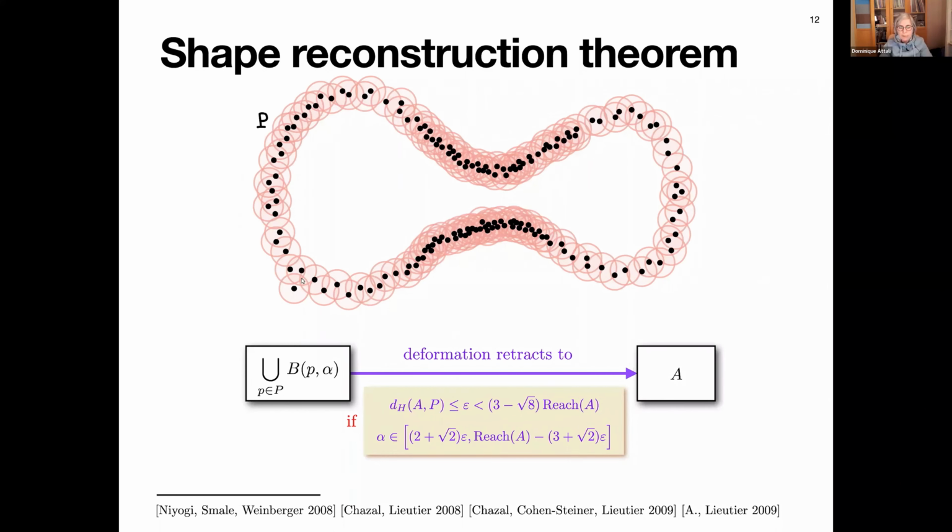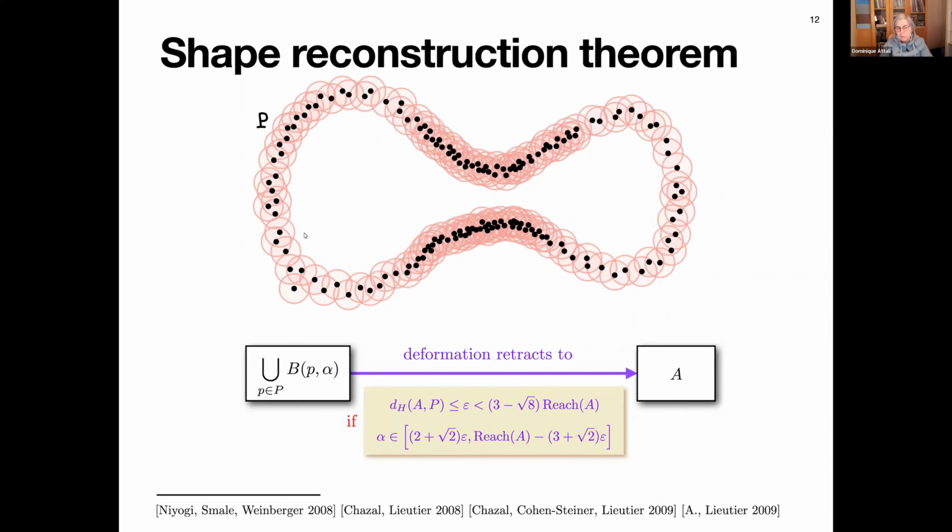It says that if you take the union of the balls of radius alpha centered at the points, that is the alpha offset of the points, then this union of balls deformation retracts to the shape if the Hausdorff distance between the shape and the point set is smaller than a constant times the reach of the shape, for a well-chosen alpha.